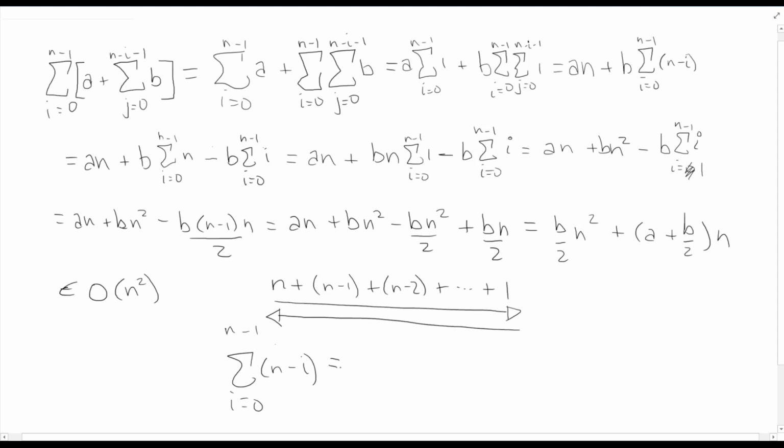So this sum, we can rewrite it in the opposite order by starting at 1 and going up to n. Okay, and then just writing i as the index that we're summing over here. Now this, we notice, is a little bit easier to solve than this.